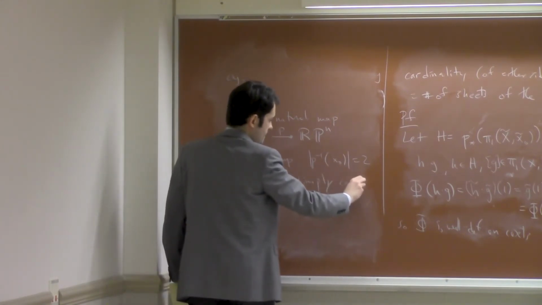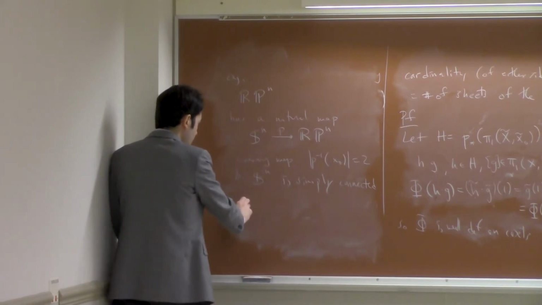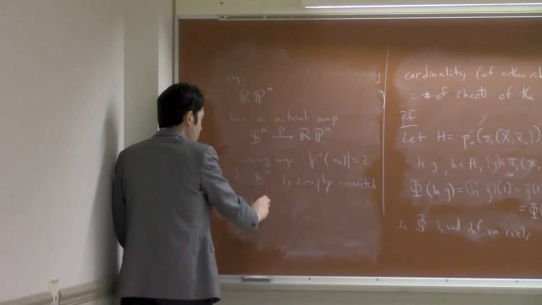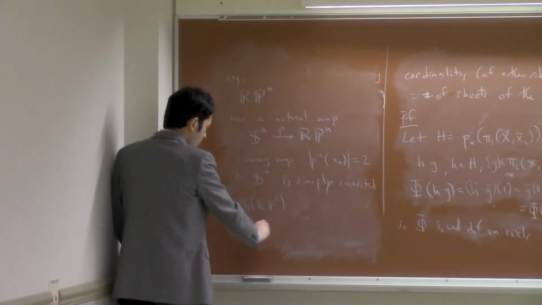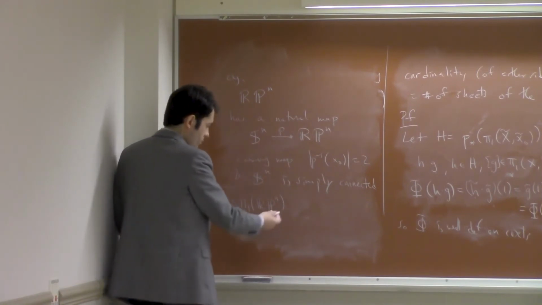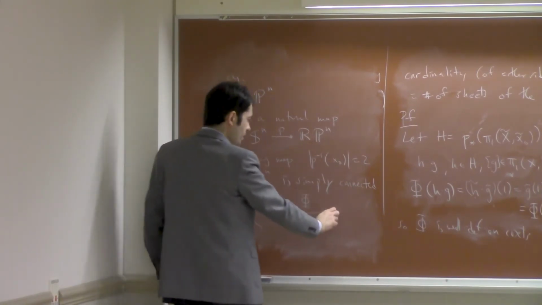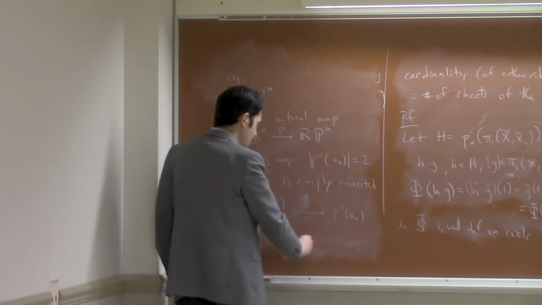So it follows from what we just saw that the fundamental group of RPn, mod out by the trivial subgroup, so not doing anything, has lifting correspondence to this set, and this is a bijection.